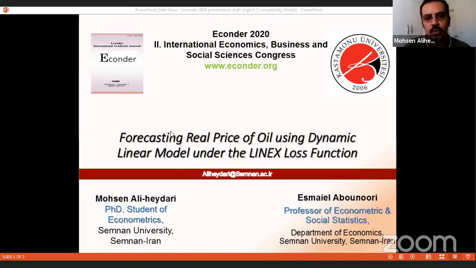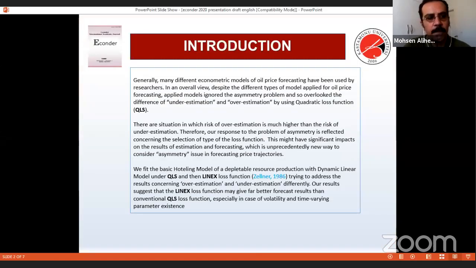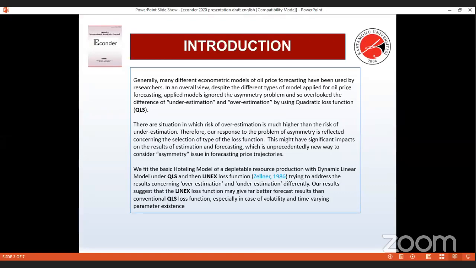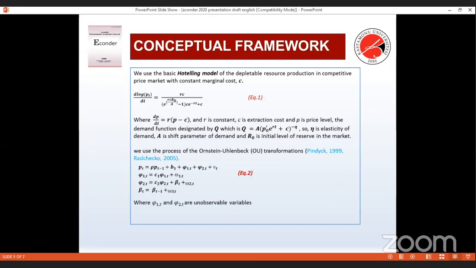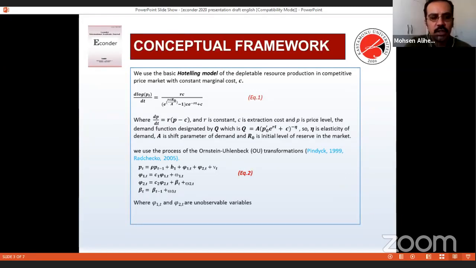To pursue the matter of asymmetry in oil price forecasting, we feed the reputable Hotelling model of depletable resource with a dynamic linear model under quadratic loss function, which is a common, standard, conventional and symmetric loss function, and compare the results with the Linex loss function, which is quite asymmetric.